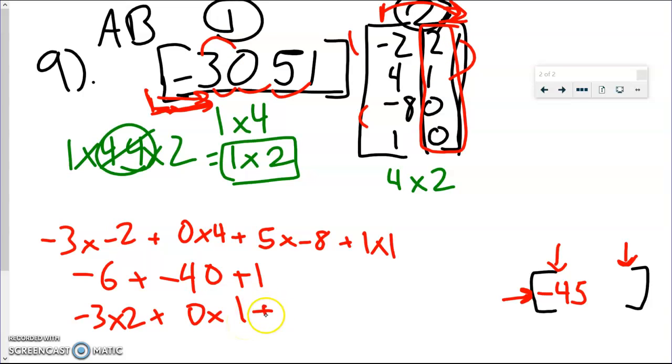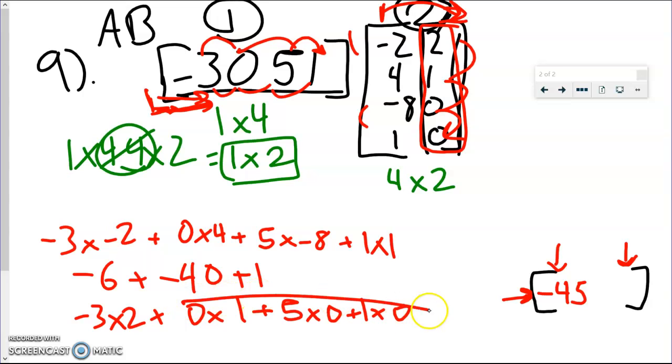So plus, move right to the 5, and then down to the 0. 5 times 0. Plus that, move right to the 1 right here, move down to the 0. We're going to multiply 1 times 0. And hey, if you look at that, all these here cancel out because they're just number times 0, and we're basically left with -3 times 2, which is a -6, okay?